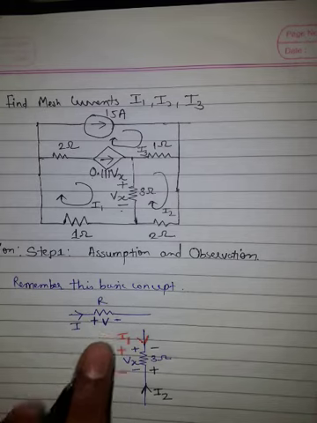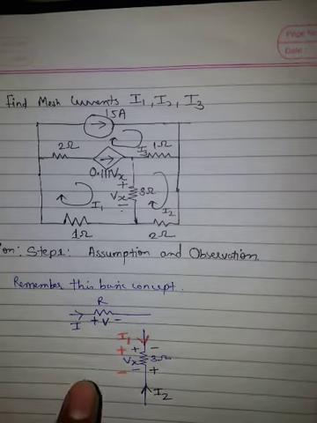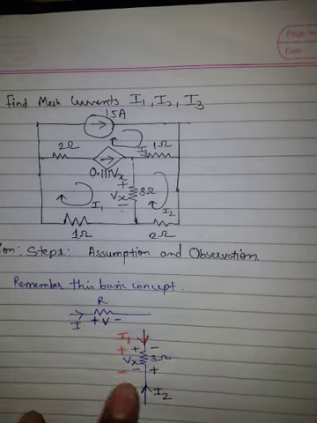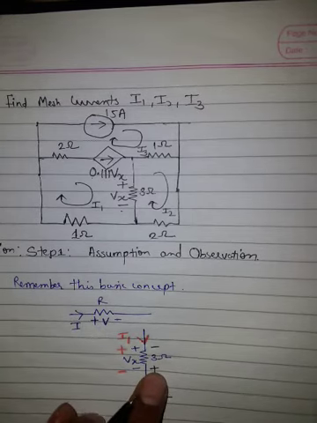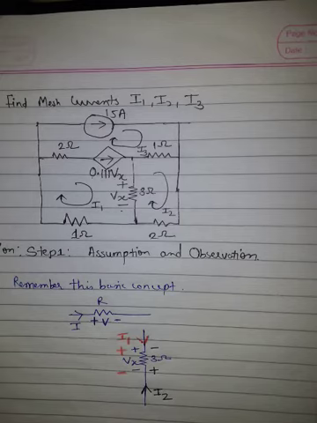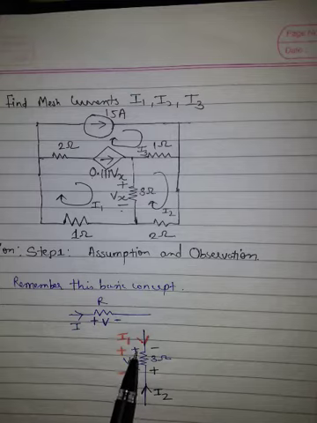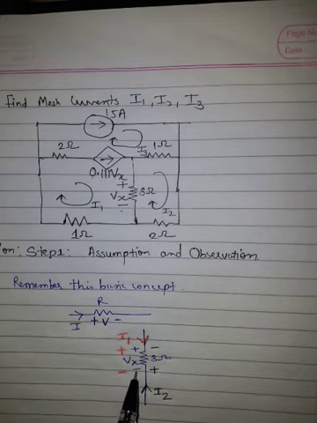So because of current I1, you are getting this polarity positive and negative. And if you consider current I2, then you are getting the opposite polarity. And Vx already has its polarity given, positive and negative. So this is the same as the polarities because of current I1.